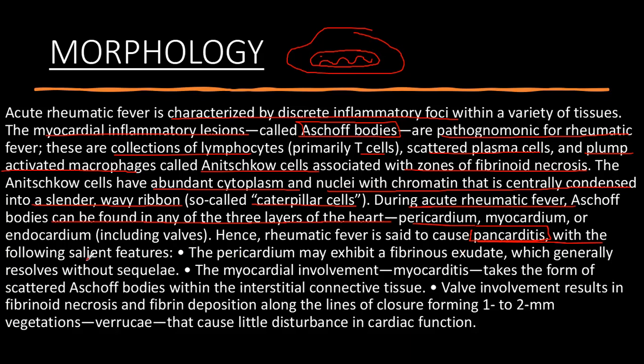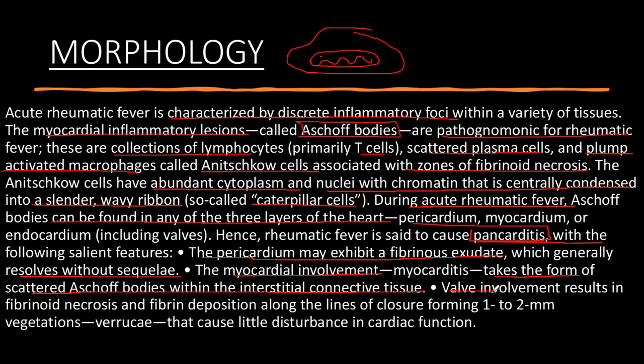Now, the salient features include the pericardium may exhibit a fibrinous exudate, which generally resolves without any sequelae. Okay, so that fibrinous exudate presents as a bread and butter appearance. I will be showing you that. Now, the myocardial involvement, that is the myocarditis, takes the form of scattered Aschoff bodies within the interstitial connective tissue.